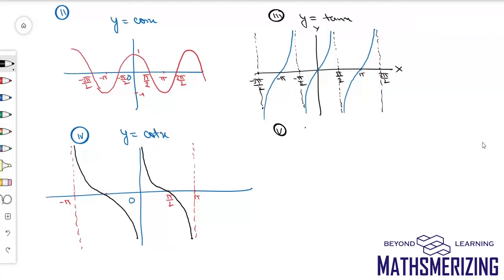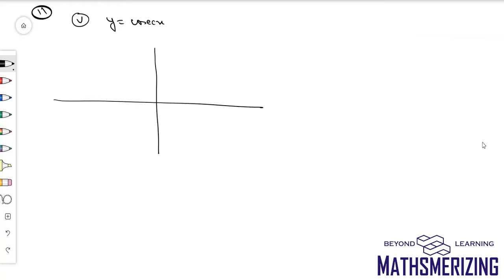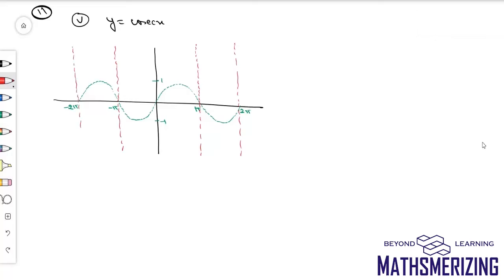Now the fifth graph is the graph of y equals cosec x. In order to draw the graph of cosec x, I'll draw a dotted graph of sin x. Wherever sin x is 0, cosec x won't be defined. So I'll draw vertical asymptotes at n pi, so vertical lines at pi, 2 pi, minus pi, and minus 2 pi. Cosec is basically nothing but the reciprocal of sin x.